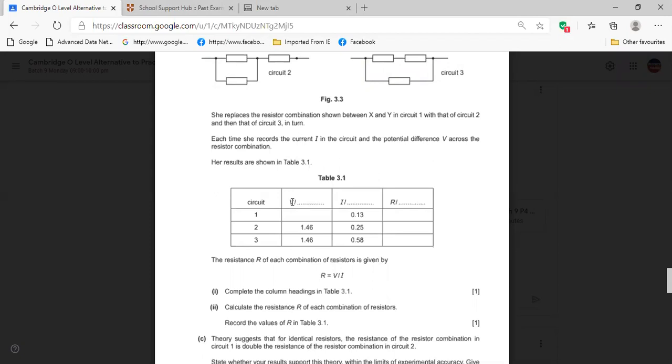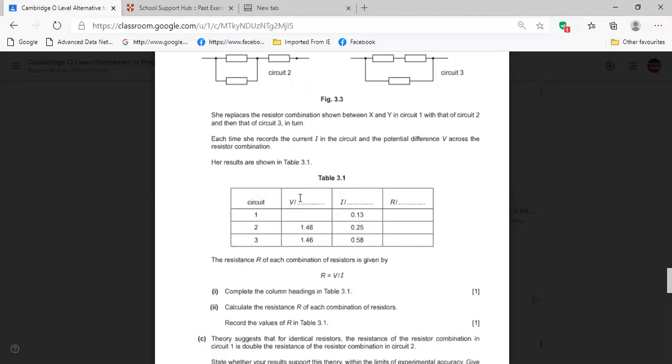So what is the way to write the column headings? You have to give the quantity symbol and the unit symbol, okay? Sir, while doing this kind of table, we give the quantity and the units.